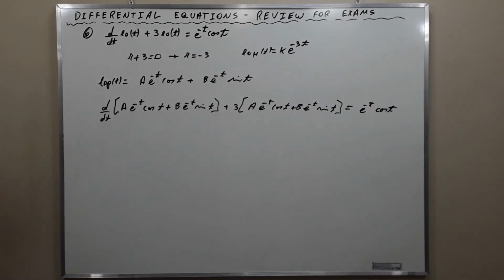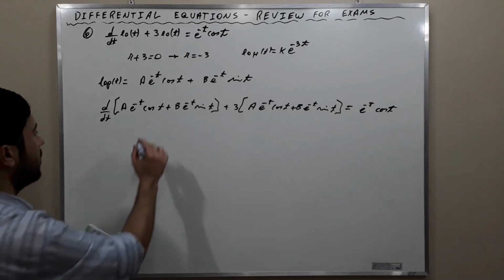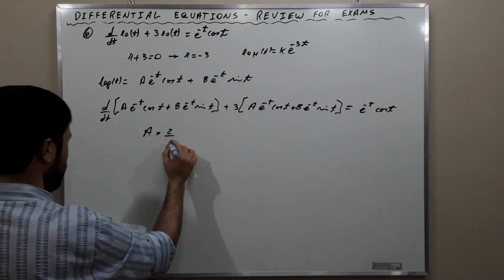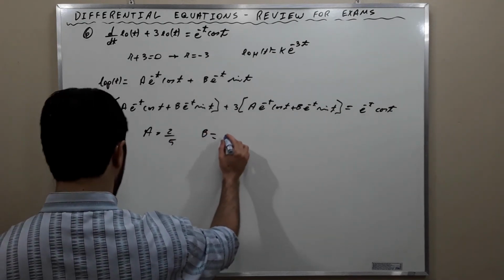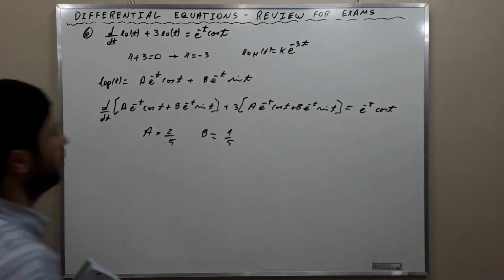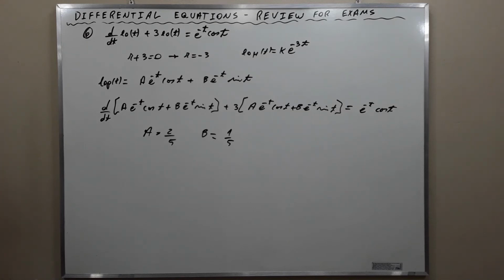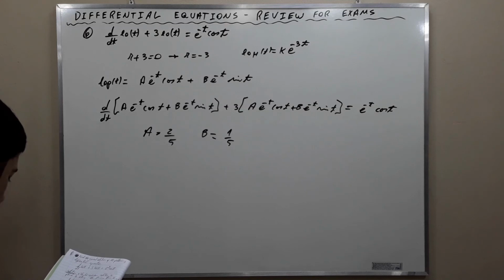Okay? We need to develop this. I already did, and I found that a is equal to 2/5 and b is equal to 1/5. And using this here, we discovered the particular solution.